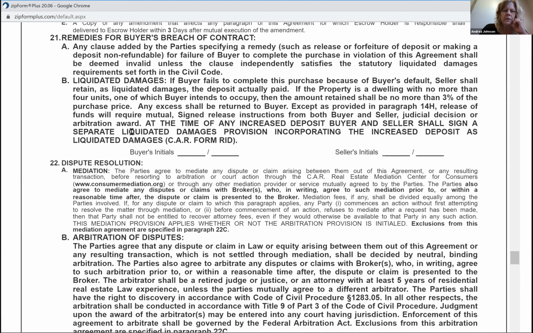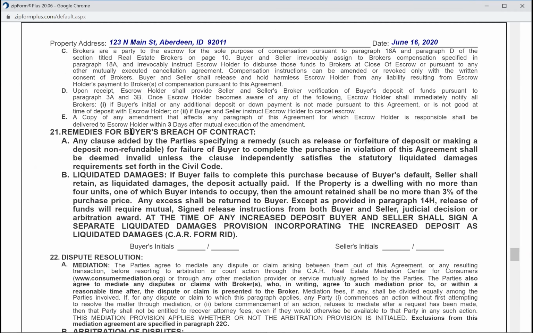Now, looking at, yes, question? Andrea, question about the trust real quick. Does the trust have to be listed with the county as the owner? Yes, if they're selling, it's whatever it shows as the owner of the property, and often it's going to be the trust. So yes.